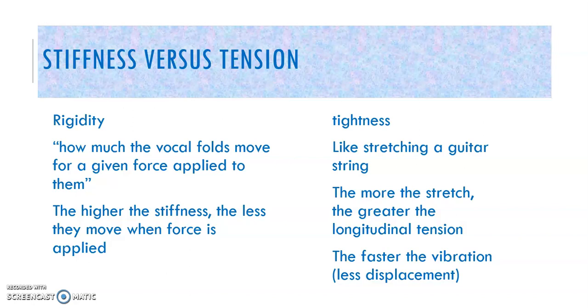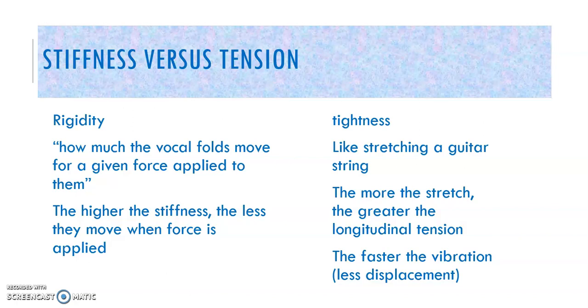Compare that to something really thin like chiffon or some other really light fabric. If you apply force to the stage curtain, it's going to take quite a bit of force to displace it. However, if I have chiffon or sheers for your windows, just a light force, maybe even the wind, or you could blow on it, would displace it.